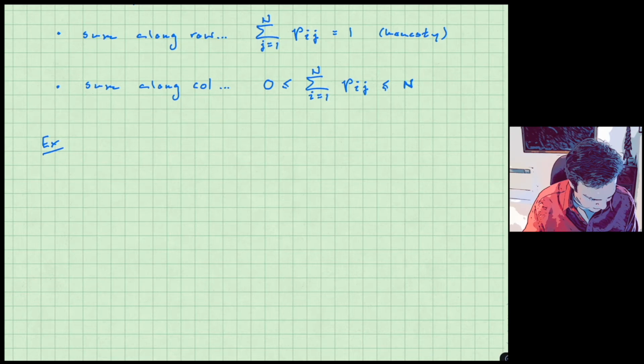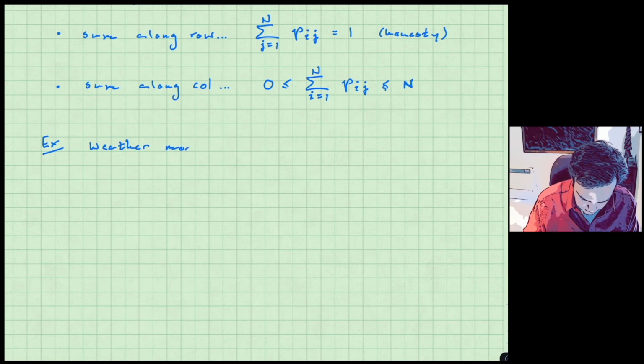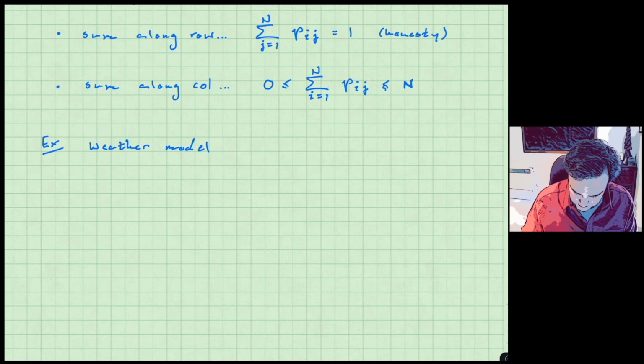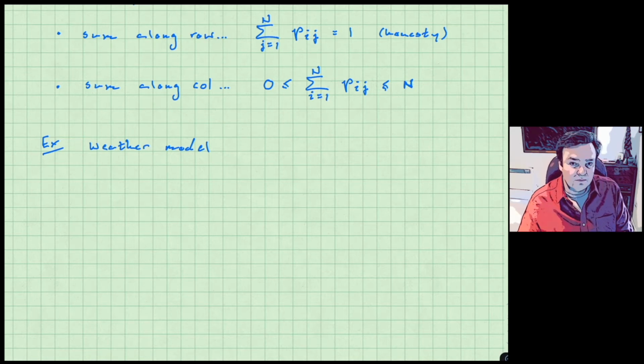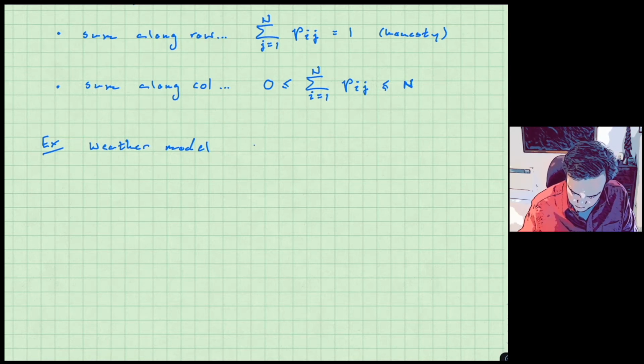This is an example. It's a weather model. Sorry, not that kind of weather. Weather model. And so we'll name these states. We're only going to look at whether or not it's raining, so rain or not rain.